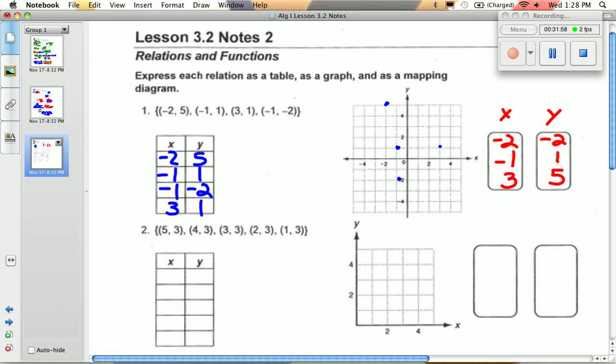And now we're going to draw nice arrows, mapping the x values to their appropriate y value. So -2 has to be mapped to 5. -1 has to be mapped to +1 and to -2.